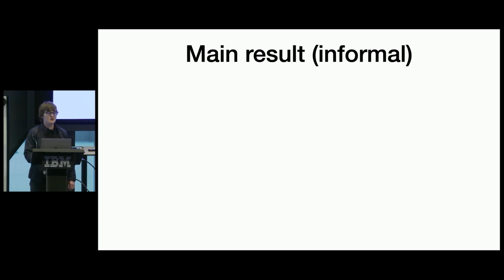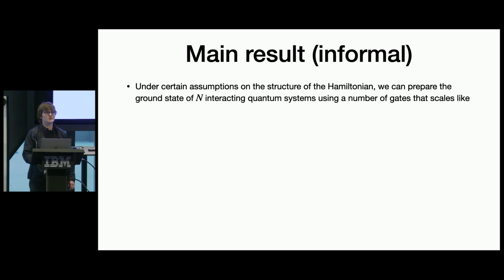OK. So let me move on to the main result. I'll just state it informally for now, and then if we have time, I can dive into the more formal statement later on. So again, under certain assumptions that I will specify later, on the structure of the Hamiltonian, briefly, you can think of it as related to the entanglement structure of the Hamiltonian in a certain way.